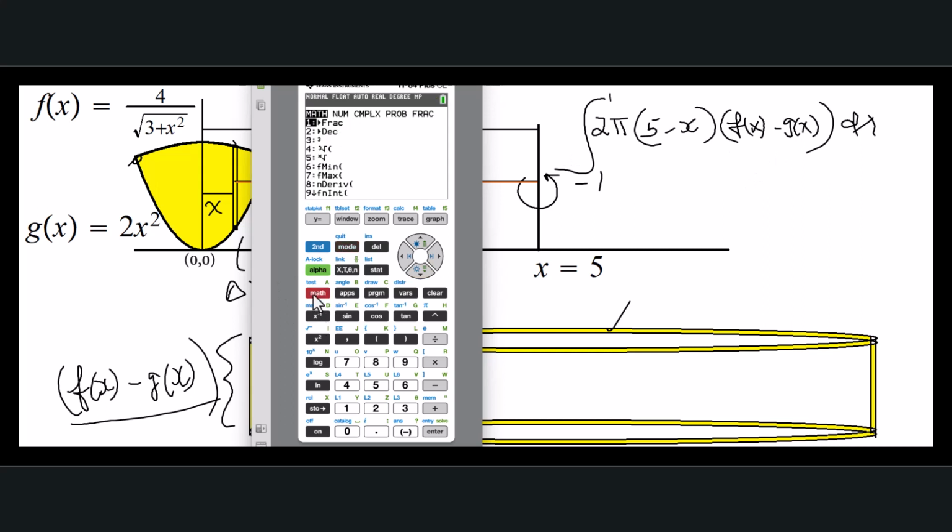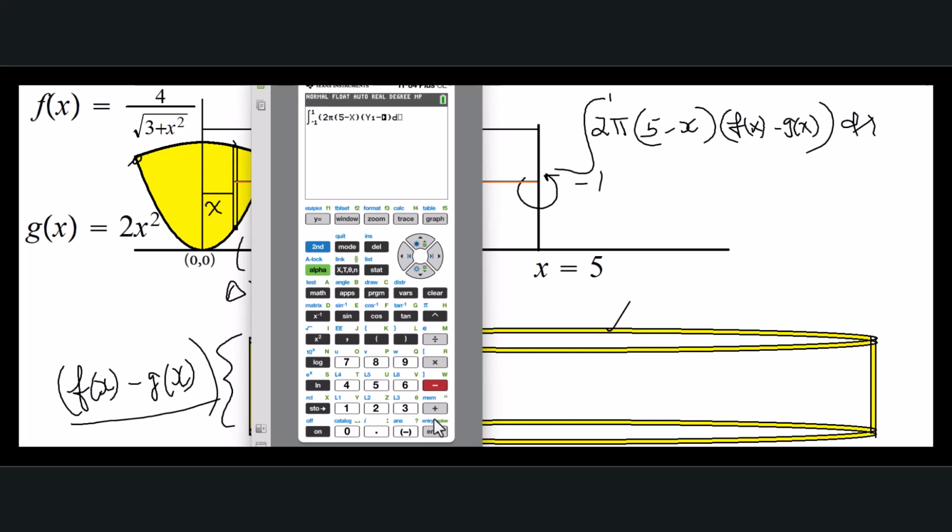So we will go to math, then integral, and start at -1. Then we got 1, right? And then, this time I'm not forgetting pi, 2 pi times (5 minus x) times (f(x) minus g(x)). We don't have to write them again because we already have entered those.